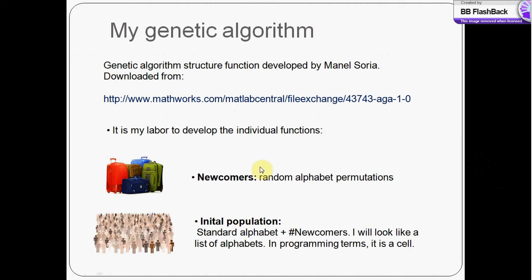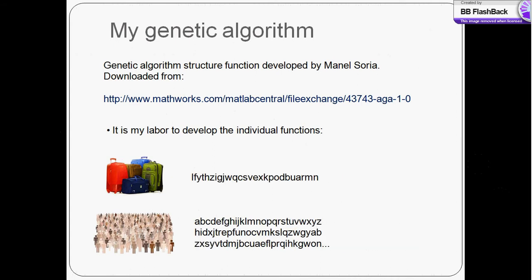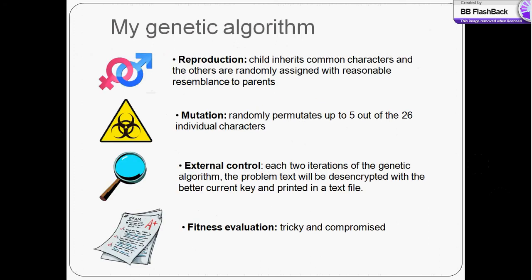Listed below, you have some of these functions, such as the newcomer function that returns a random alphabet, and the initial population, which returns a group of random alphabets. Here you have some examples. The reproduction function will give, from a father and a mother, a child alphabet with reasonable resemblance to its parents. A mutation function, for a given alphabet, will permute up to 5 of its characters.